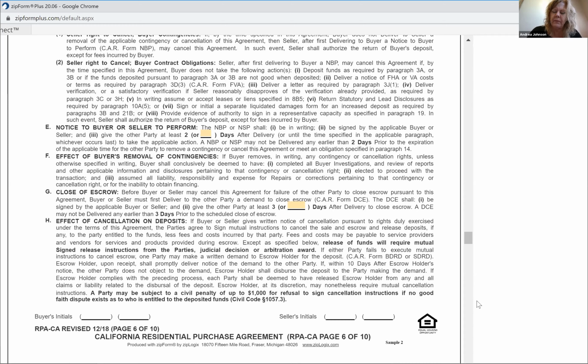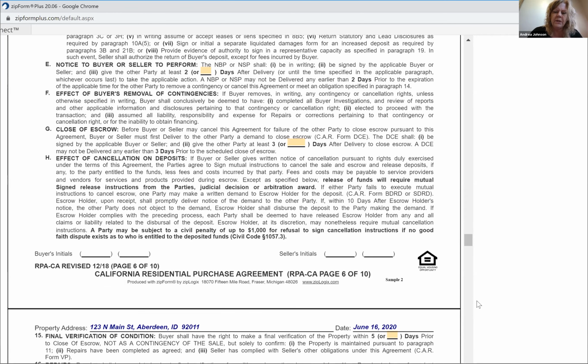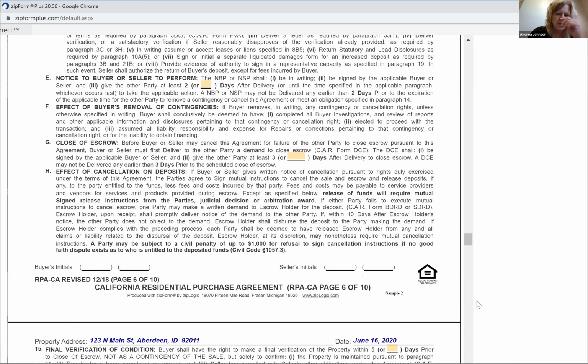That paragraph in paragraph 30, I believe the section is section F, rolls it forward to the next day anyway. But this just clarifies if the issue is not having closed escrow, the form that you're going to use is the DCE.